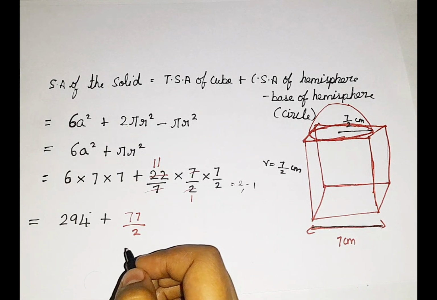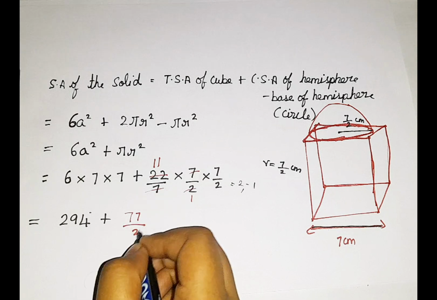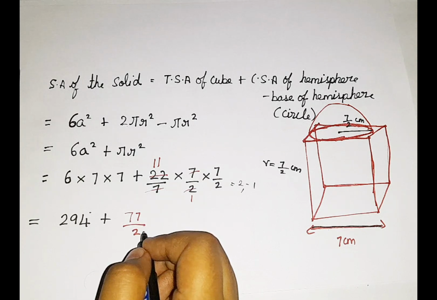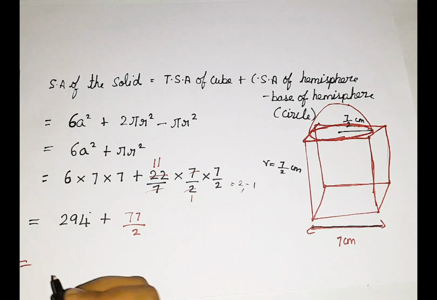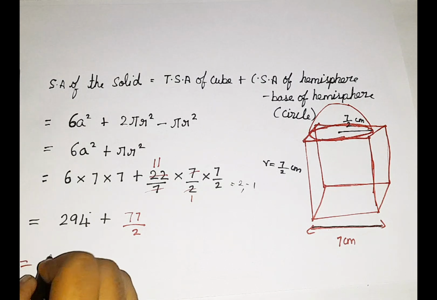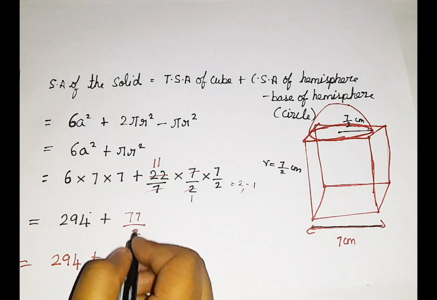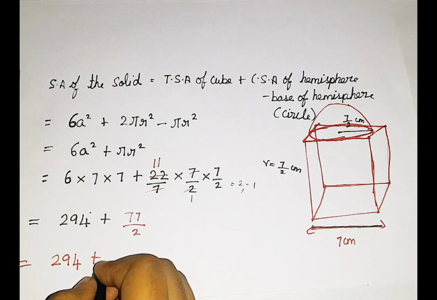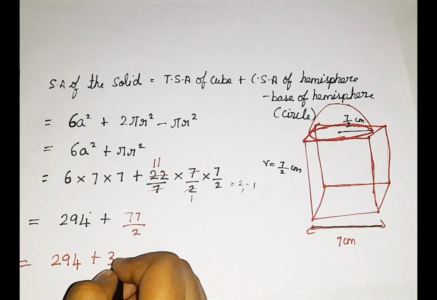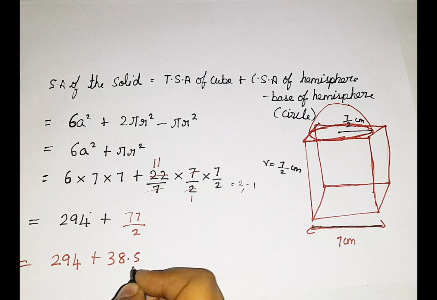Now of course we are supposed to divide it. 77 divided by 2, we get 38.5.